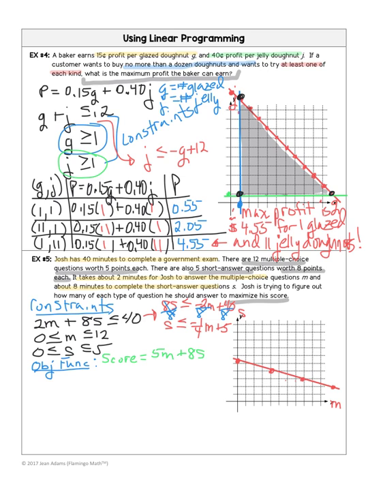Then I am going to graph this. Really what I'm graphing is this. M is equal to 12. So here's 12. 1, 2, 3, 8, 9, 10, 11. So here's 11.